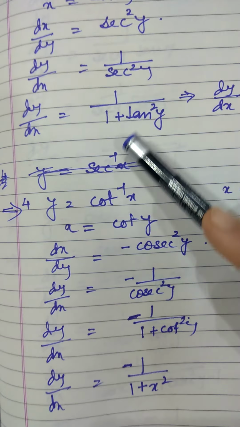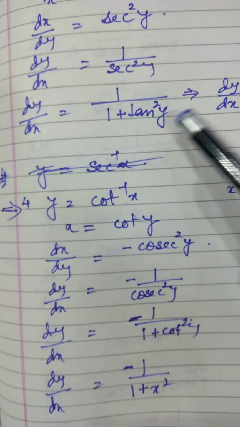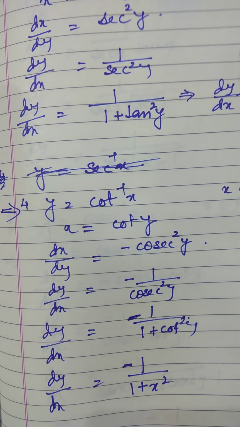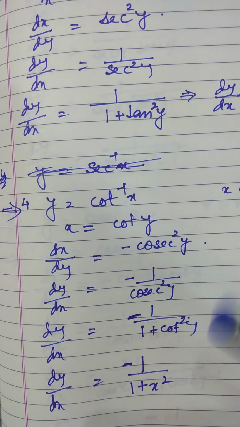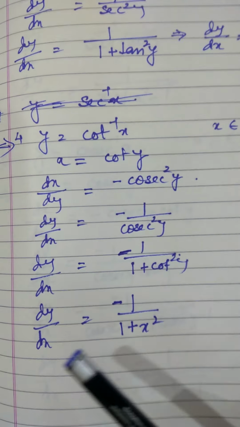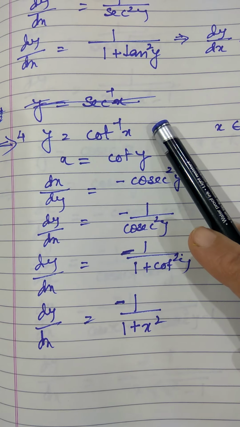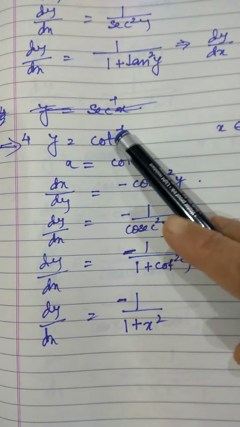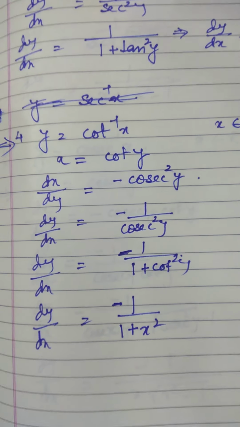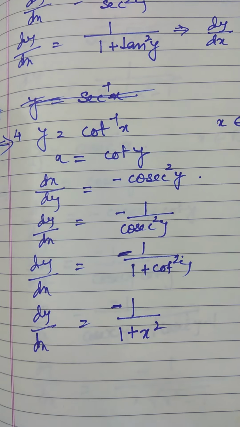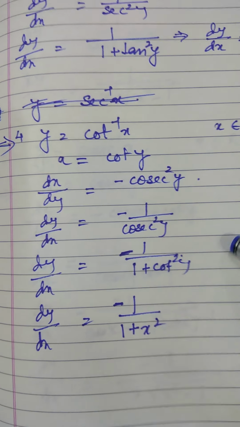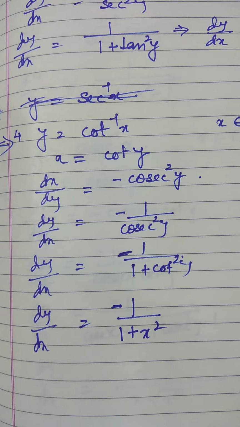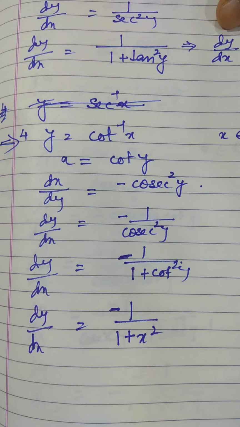So dy by dx is 1 upon 1 plus tan square y, which is 1 upon 1 plus x square. Similarly, we can find the derivative of cot inverse x. Using the same technique, we get minus 1 upon 1 plus cot square y, that is minus 1 upon 1 plus x square.